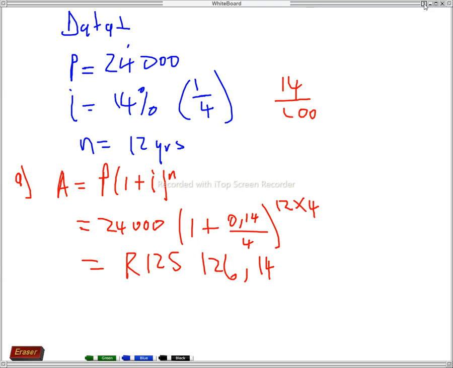So I will just erase this. Before I erase, let me store this answer on my calculator. Eventually I will be teaching you how to store, but I won't be showing you on the screen here. I will just announce the steps.